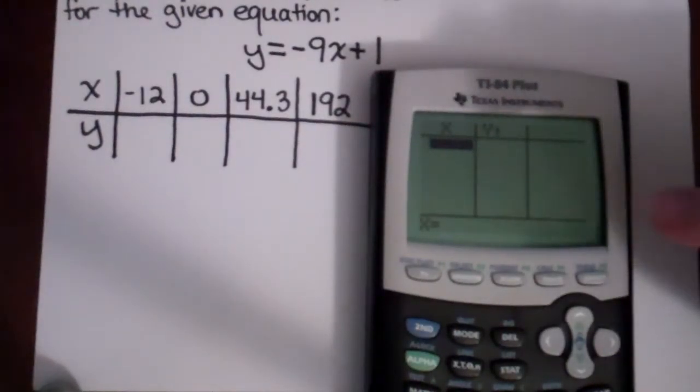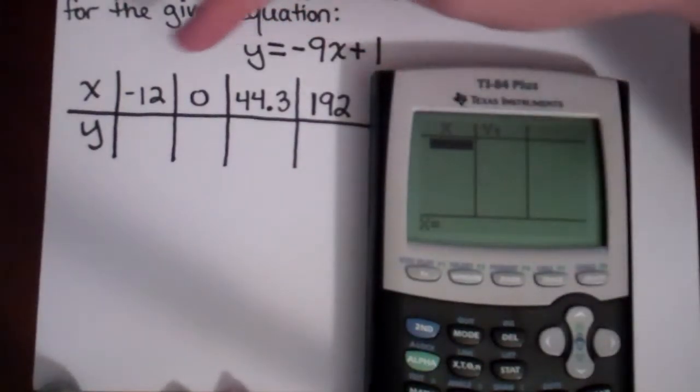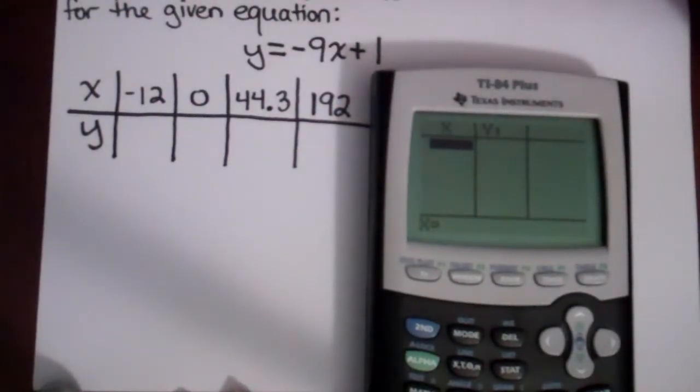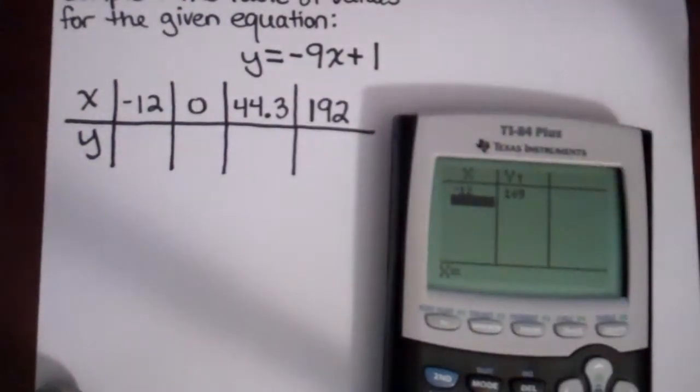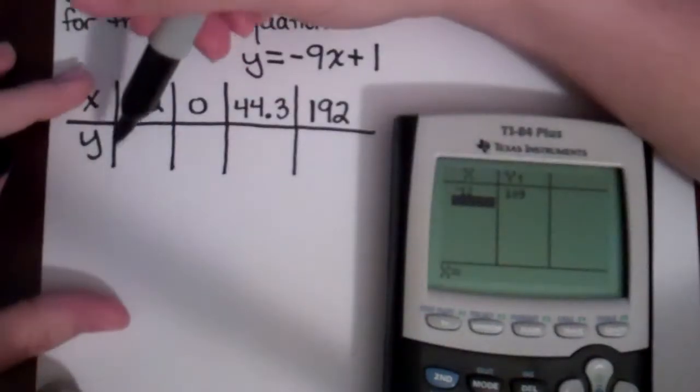So we can enter our own values in the table, customized to what we are looking for our table of values. So the first one was -12, so I type -12 and I hit enter. And it will automatically give me my value, which is 109.